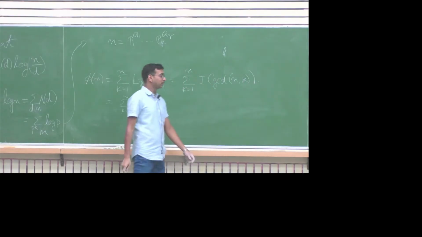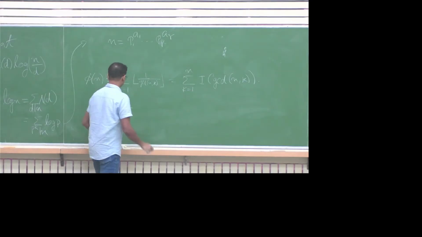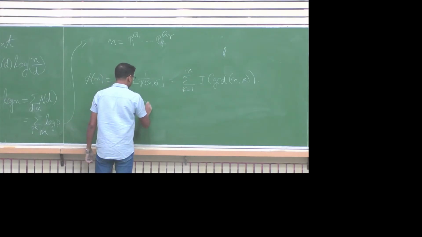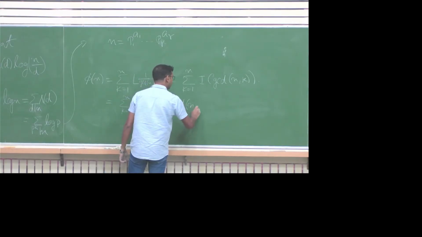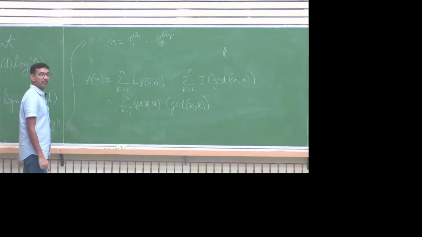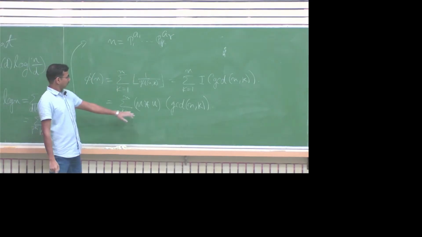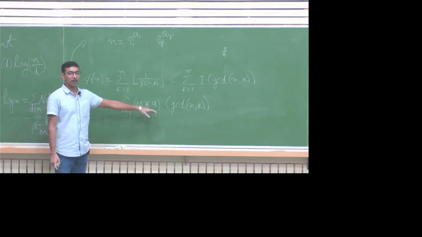Then we want to write I as mu star u, and since u is the identity one, we just have to take mu.